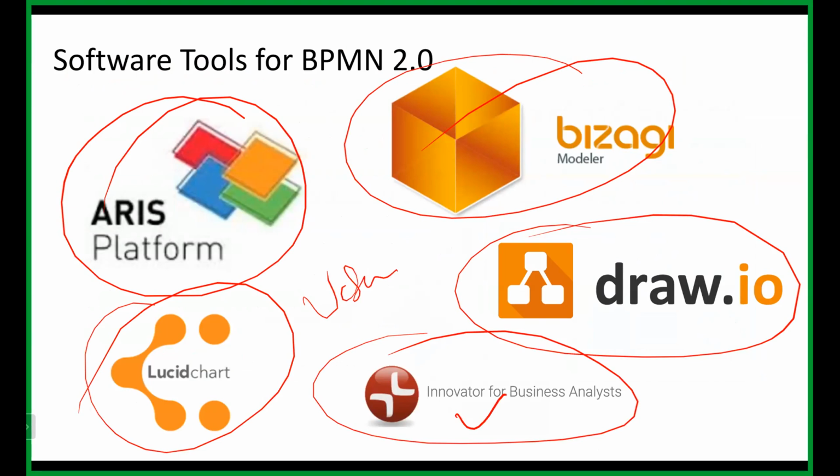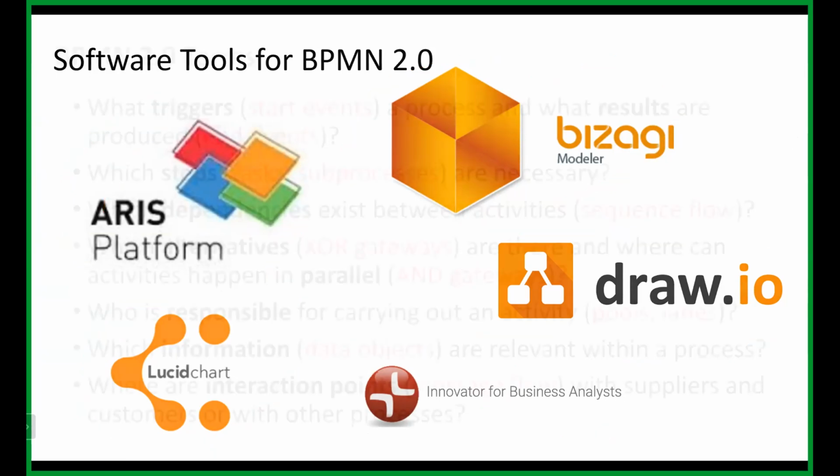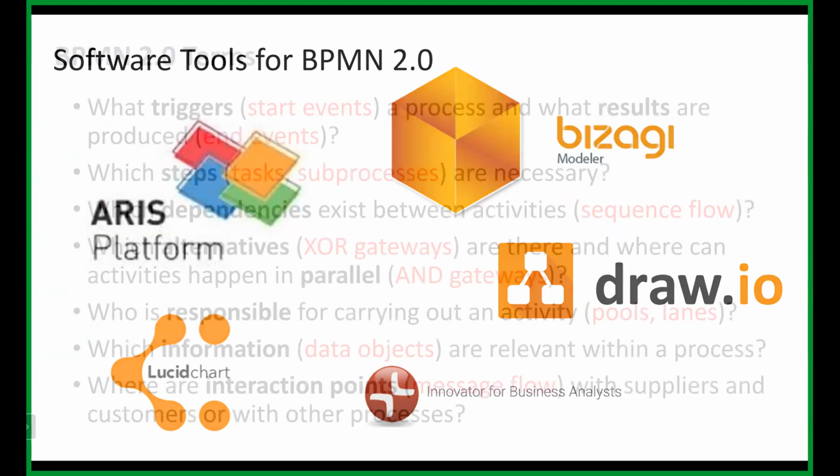So if you understand Innovator for Business Analyst, you can apply the same knowledge in all the other tools, like Bizagi, Aris, or Lucidchart. Some of them are not free, some are free to use. So just try to understand the whole concept of the modeling. Once you do, I'm sure you'll be fine and you can do a lot of things with it.